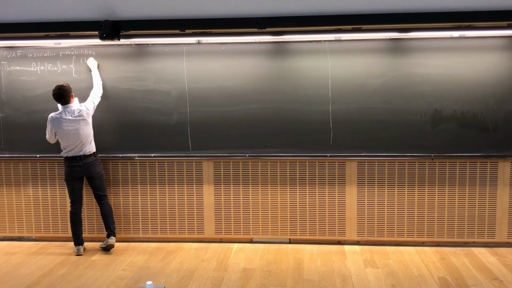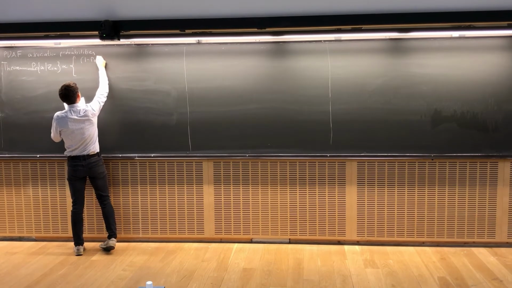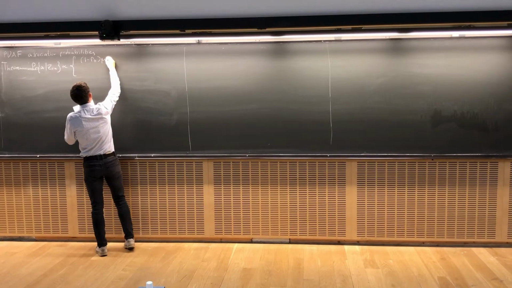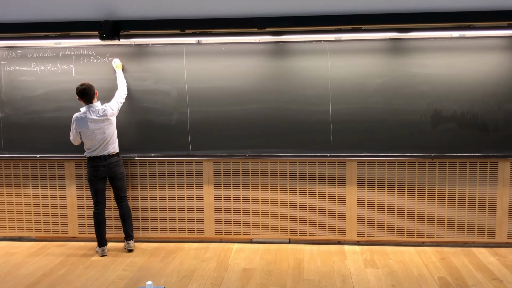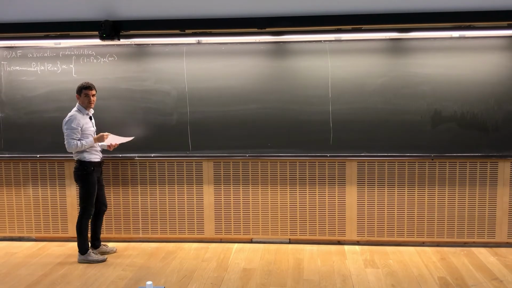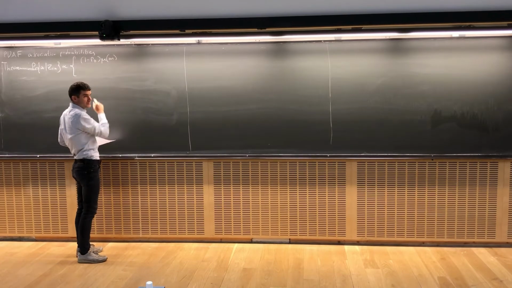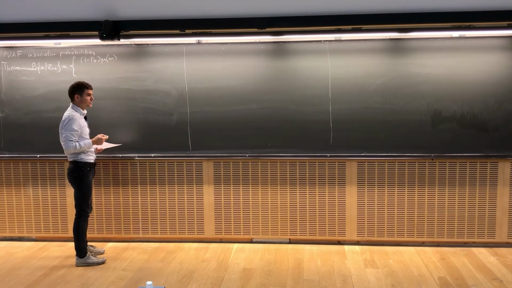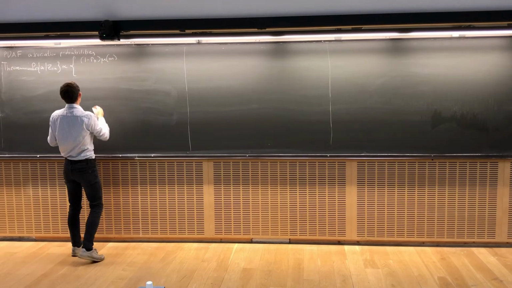So in a misdetection case, I'll show that this is proportional to 1 minus PD times the cardinality pointwise function evaluated at the number m, which is the number of measurements. So that was in the misdetection case.